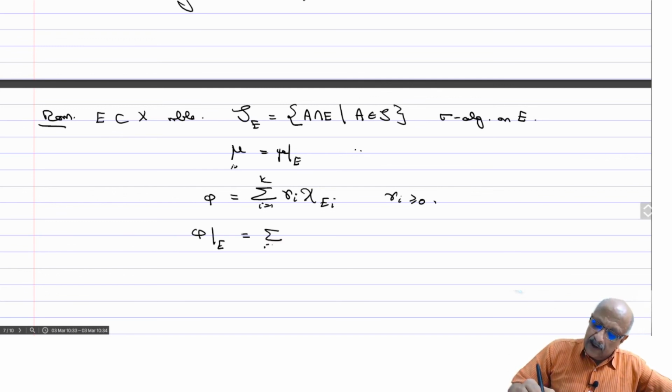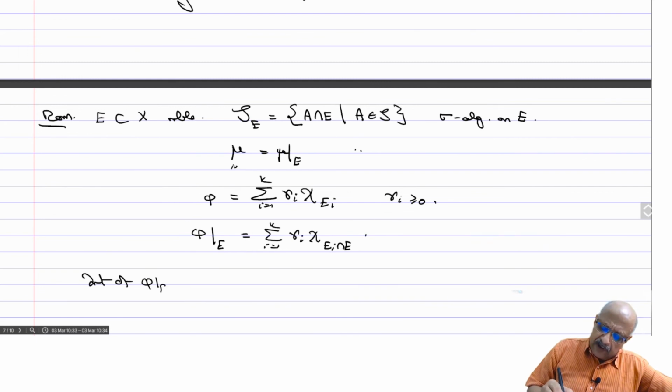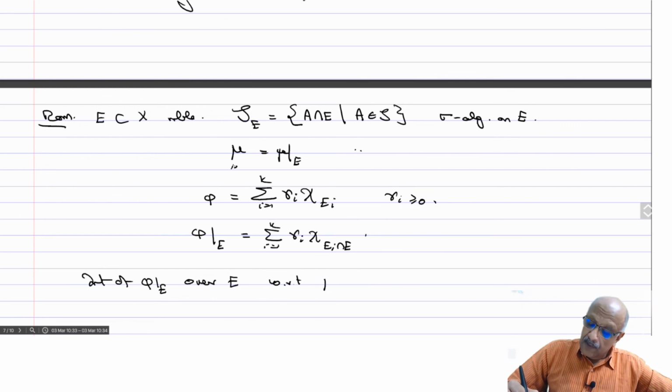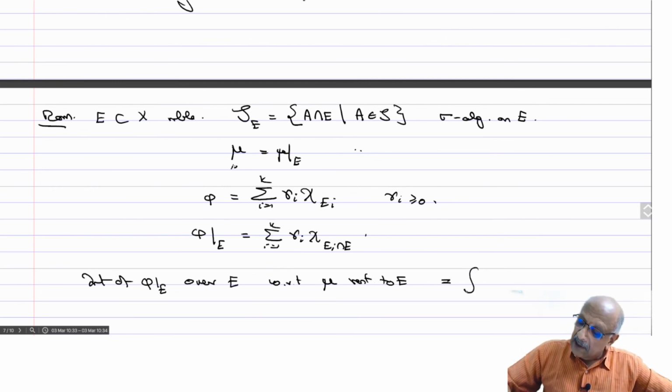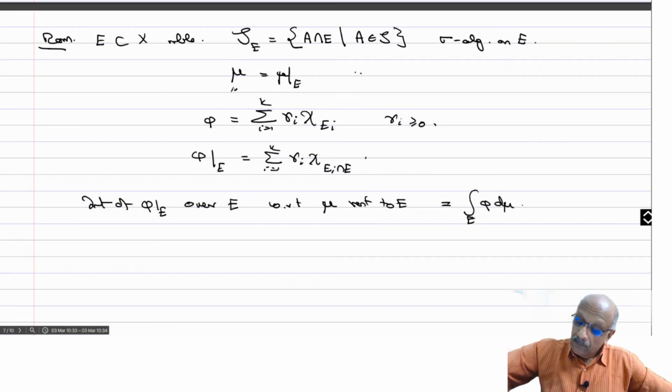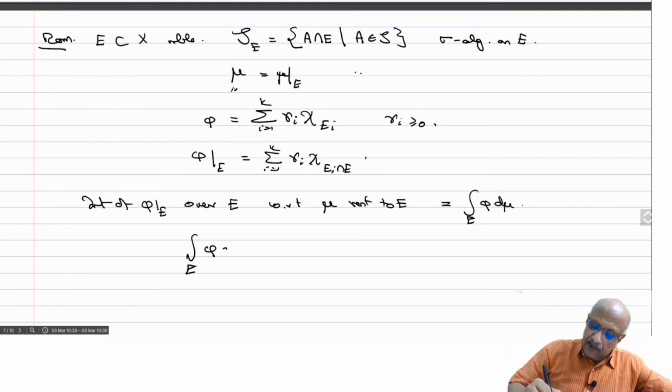It's nothing but the sum over i from 1 to k of gamma_i chi of E_i intersection E. So the integral of phi restricted to E over E with respect to mu restricted to E, we call this the integral over E of phi d mu.